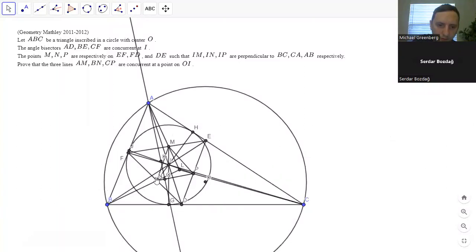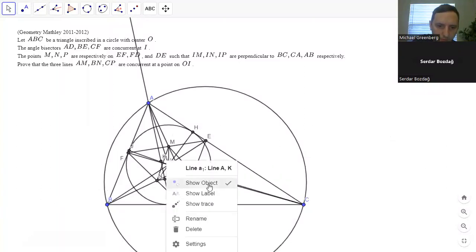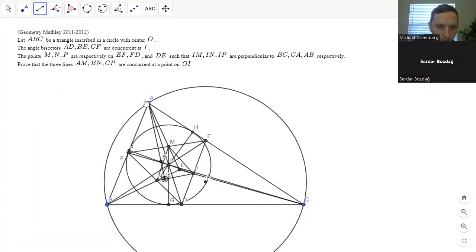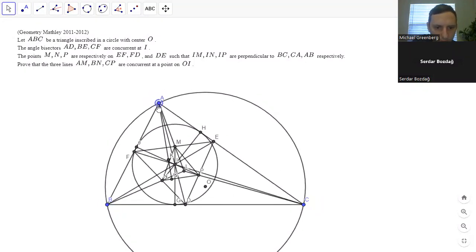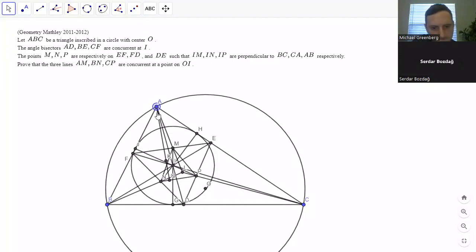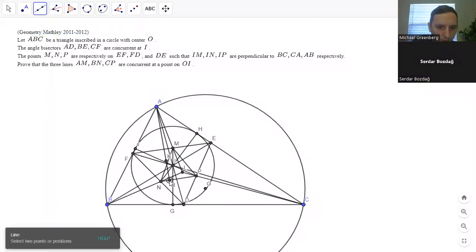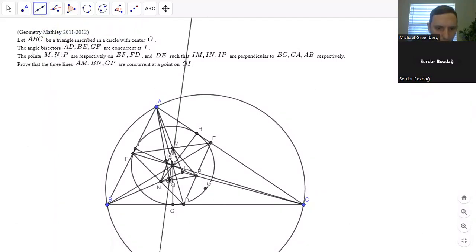Okay. Let's see, Q. What can we say about Q?